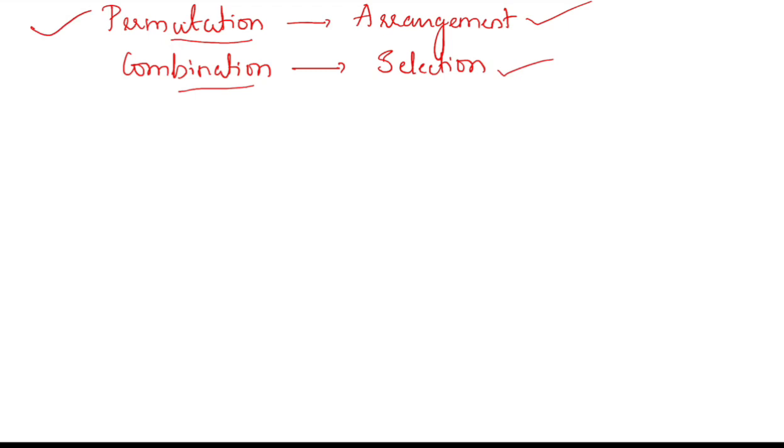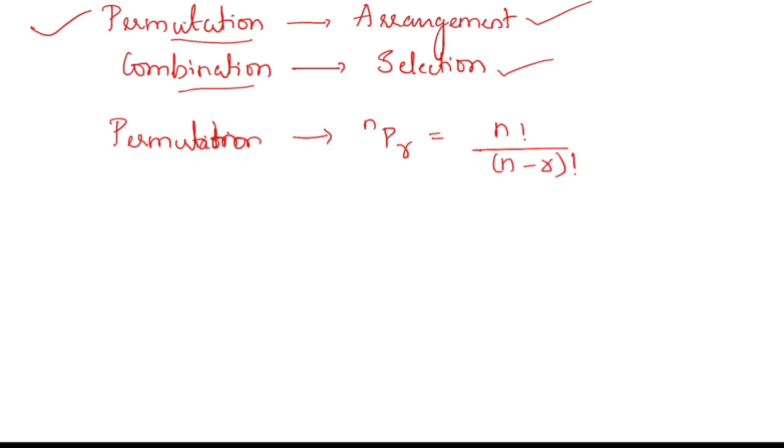For permutation we have a formula, that is nPr, where nPr is given by n factorial divided by (n minus r) factorial. So first, what do you mean by factorial? For example, 4 factorial.